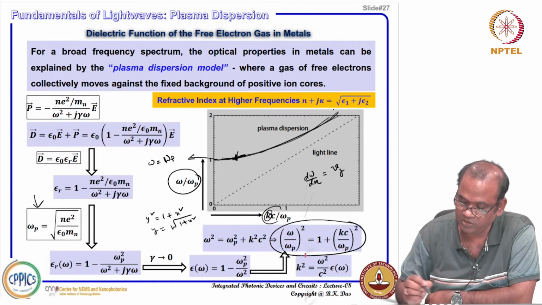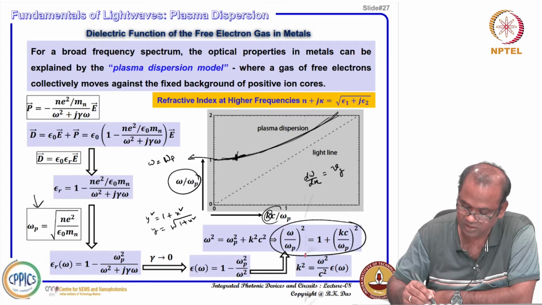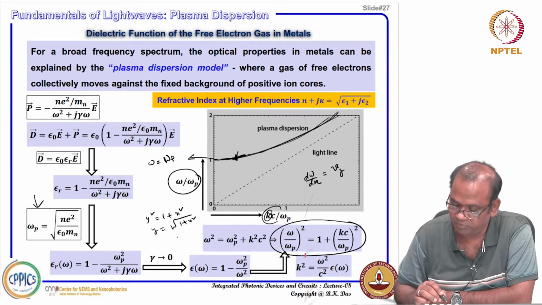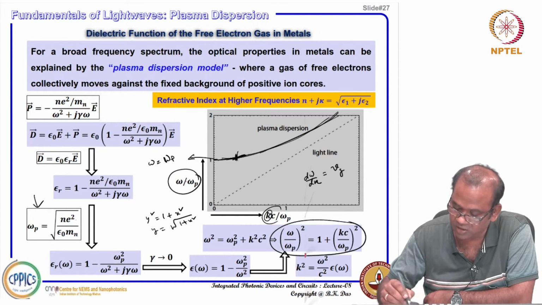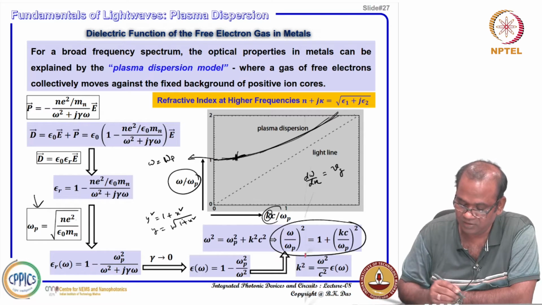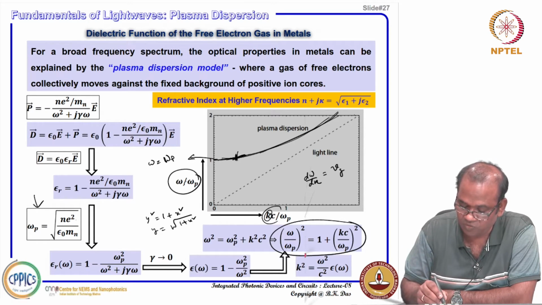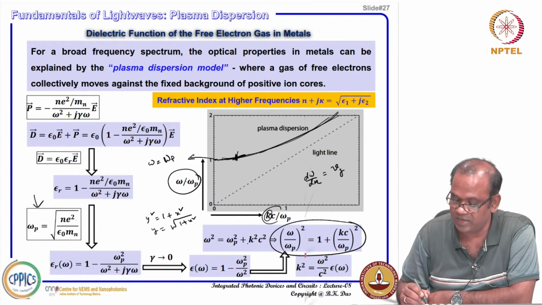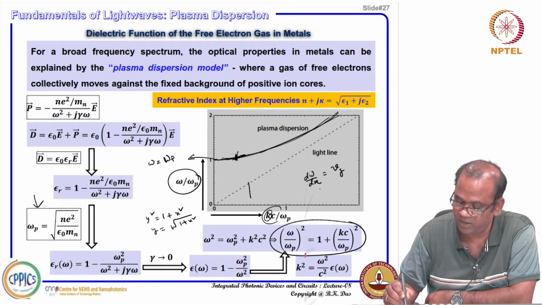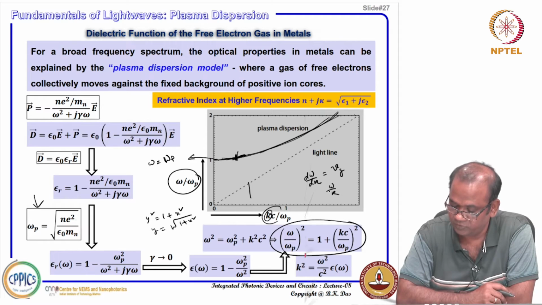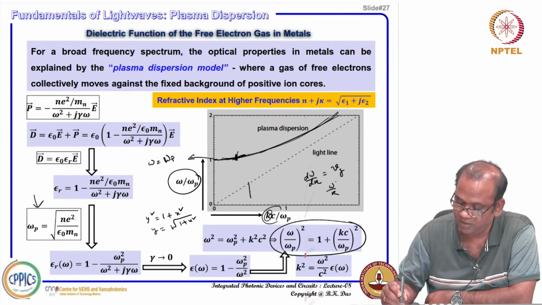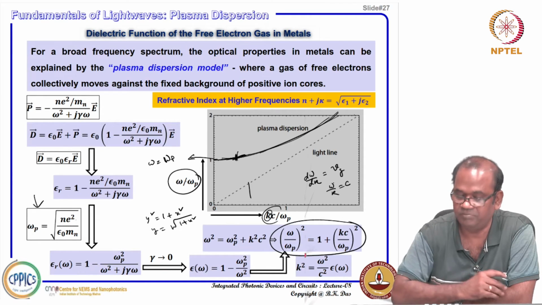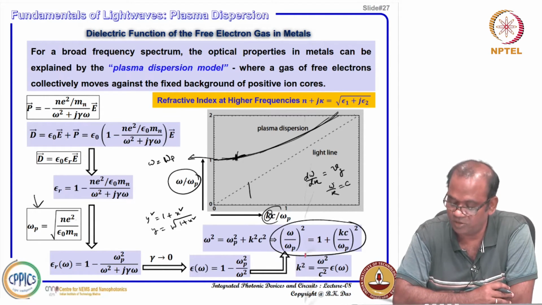One interesting point is that I have taken this picture from a textbook. This is called the light line. What is that light line? It means omega by omega p and kc by omega p are showing a linear relation. At every point, d omega by dk is nothing but omega by k, which is the slope, and that is nothing but c, the velocity of light.